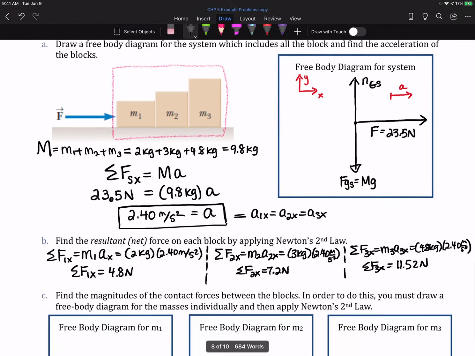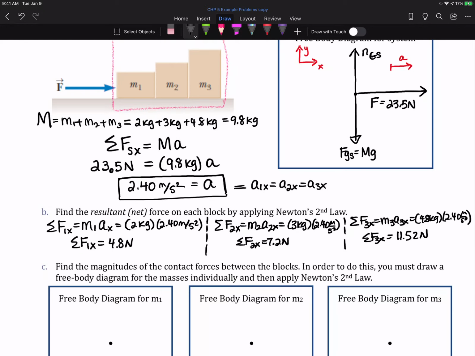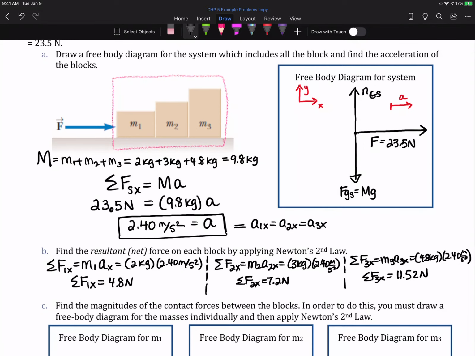Okay, next we'd like to know what is the magnitude of the contact forces between the blocks. And in order to do this, we have to draw a free body diagram for each of the masses individually. And then we can apply Newton's second law. So basically, if we go back up to our picture, there is contact between 1 and 2, and there's contact between 2 and 3.